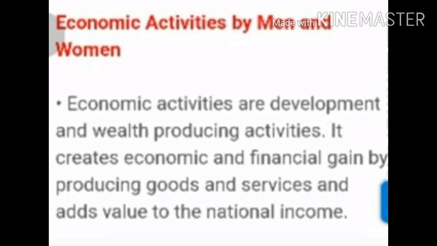Now dear student, as you know, the topic name is economic activities by men and women. Now, economic activities are development and wealth producing activities. Listen carefully. Economic activities are development and wealth producing activities. They create economic and financial gain by producing goods and services and add value to the national income.